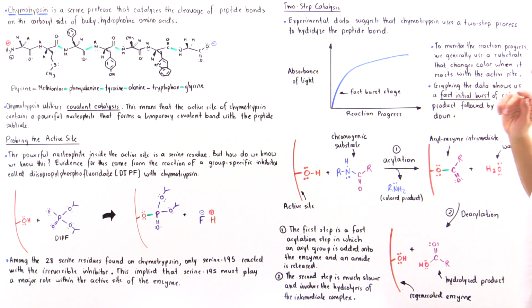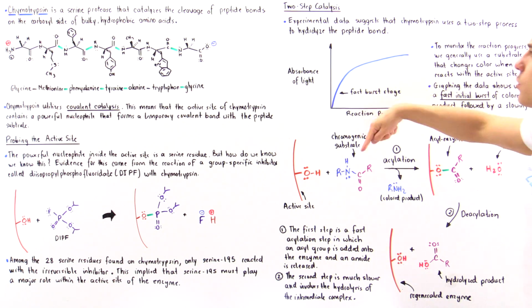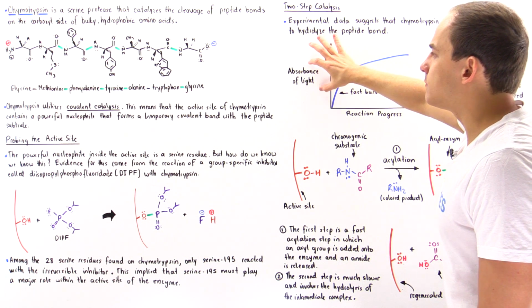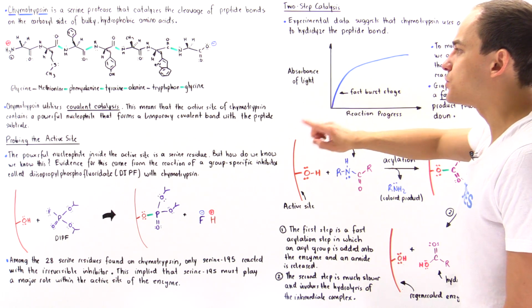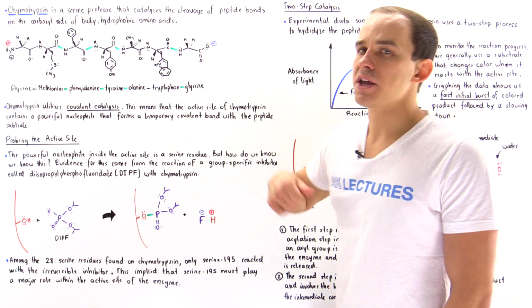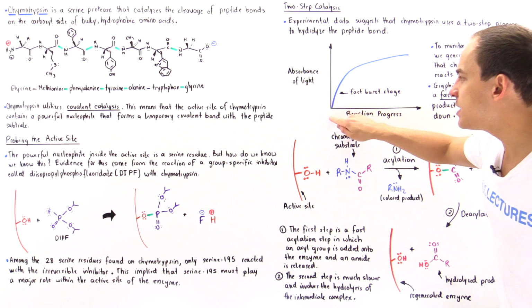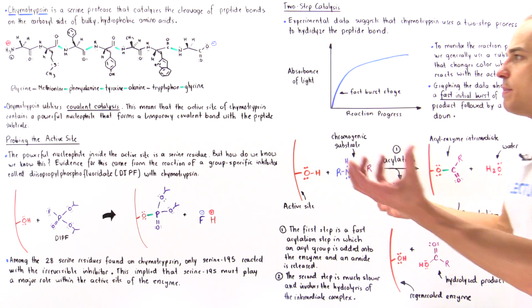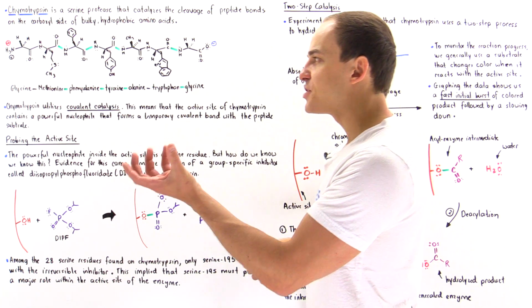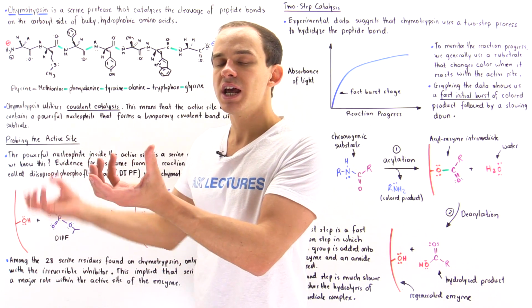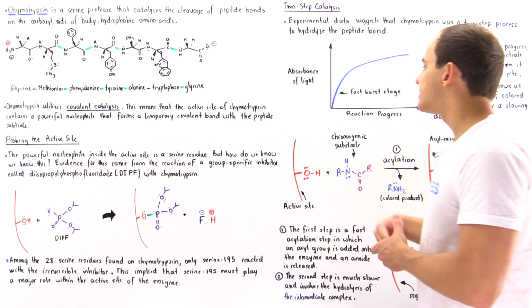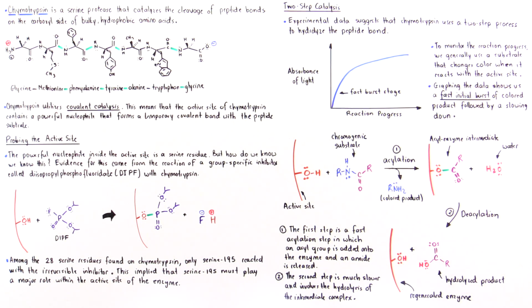If we take a look at the following graph, the y-axis is the absorbance of light of the product produced when the substrate is catalyzed by the active site, and the x-axis is the reaction progress. At time 0, we take our mixture of that special substrate and mix it with our enzyme, and now our reaction begins.